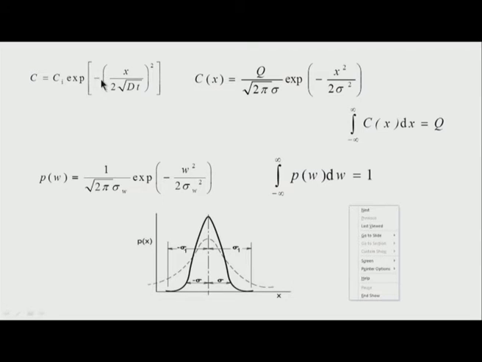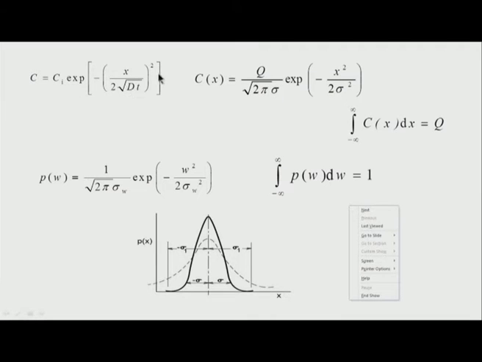Now, when I look at the value of the concentration as a function of distance and of t, if sigma squared is equal to Dt, then I can write this concentration as the mass released at the source divided by under root 2 pi into the standard deviation into exponential of minus x squared by 2 sigma square.